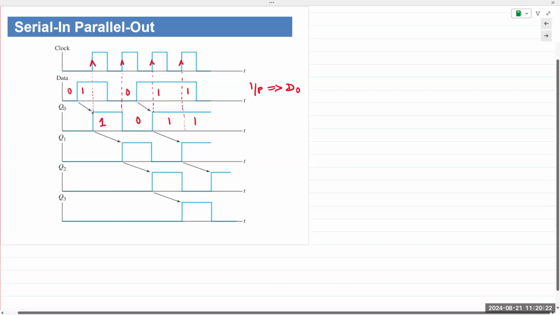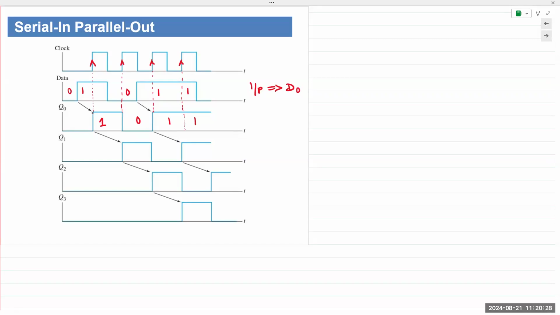Okay. So at the first transition, D is equal to 1. So Q0 goes to 1. Then Q0 remains at 1 until the second transition. At that point, it changes value because now data D is 0. Then it will remain at 0 until the third edge trigger arrives.